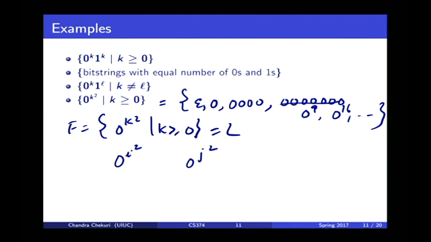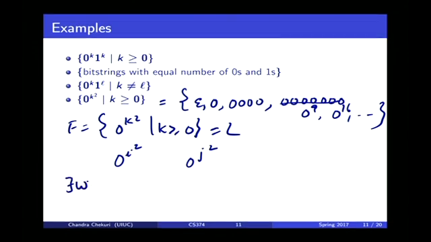That means I need to prove that there exists w such that 0^(i^2) w and 0^(j^2) w, only one of them is in the language, the other one is not. So what length of zeros is that w going to be? How can I make sure exactly one of them is in the language? We know that, without loss of generality, i is less than j, okay?